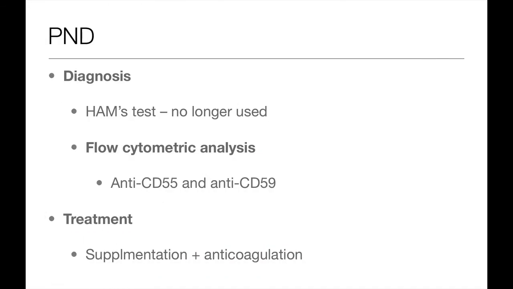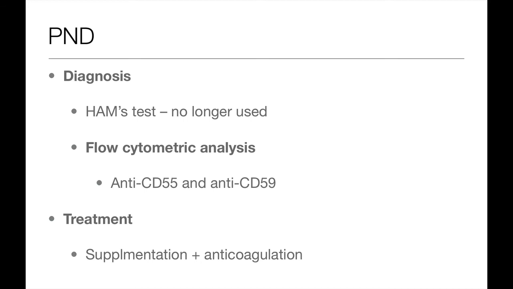It can be diagnosed using something called a Ham's test, which is not really any longer used, but used to be positive because this group of cells tended to lyse at a lower pH, as lower pHs tend to favour the activation of complement. Much more common now is to use cytometric analysis to look at the cell surface proteins that are abnormal, particularly the cell surface protein anti-CD59.